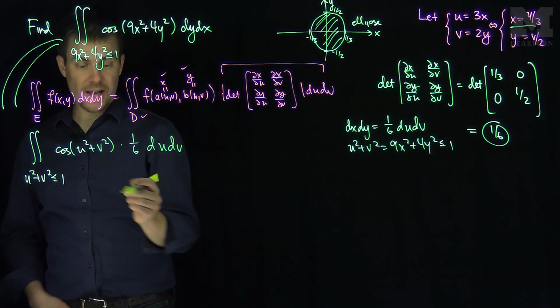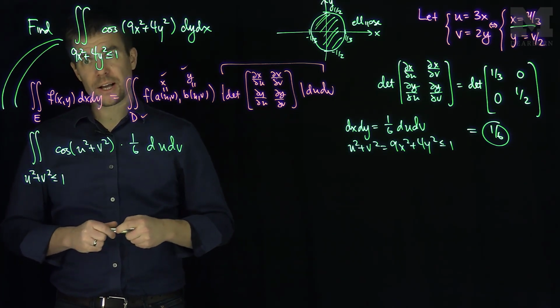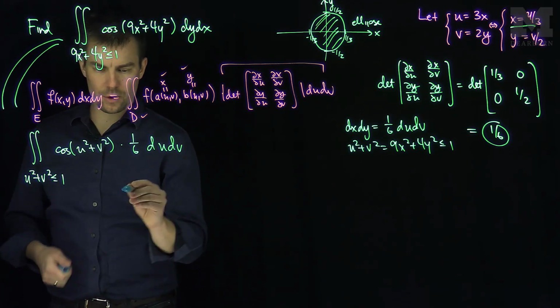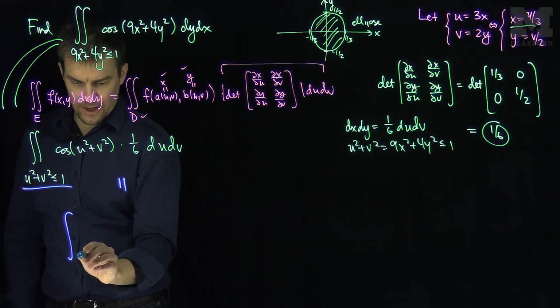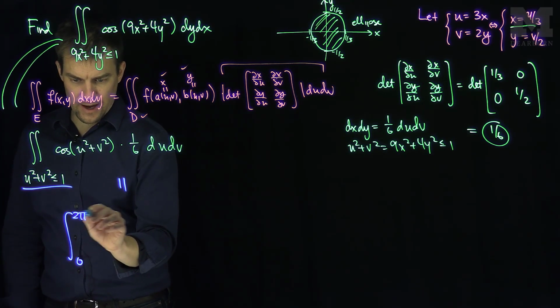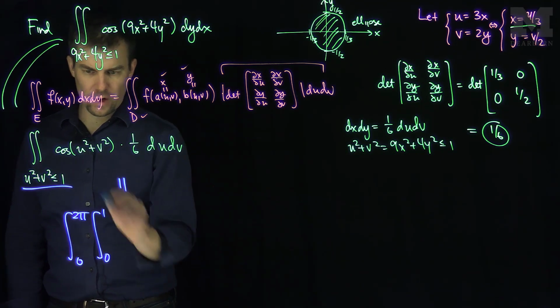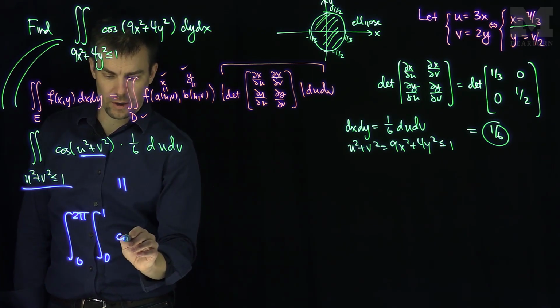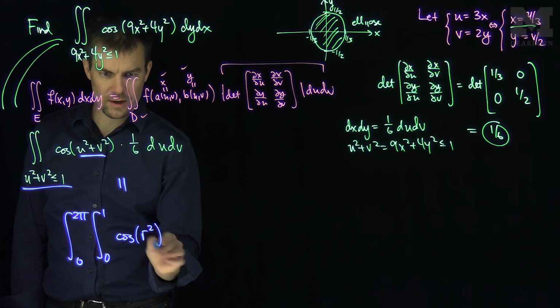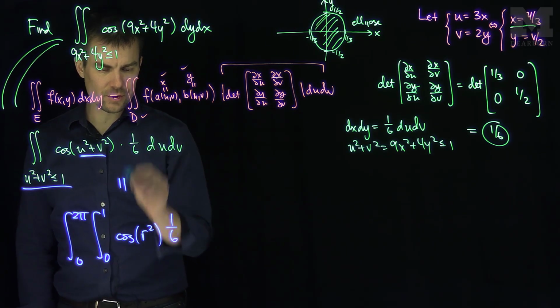Now, that's great because I can take this integral and put it into polar coordinates, right? So I'm going to do a polar coordinate change of variable. This is the interior of the unit circle, so my angular variable theta goes between 0 and 2 pi. My radius goes between 0 and 1. The cosine of u squared plus v squared is the equivalent of the radial variable r squared, so that's the cosine of r squared. Then I have the 1/6 from the transformation.